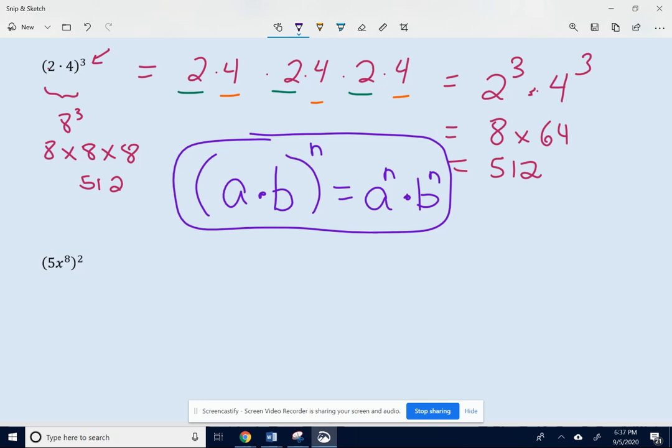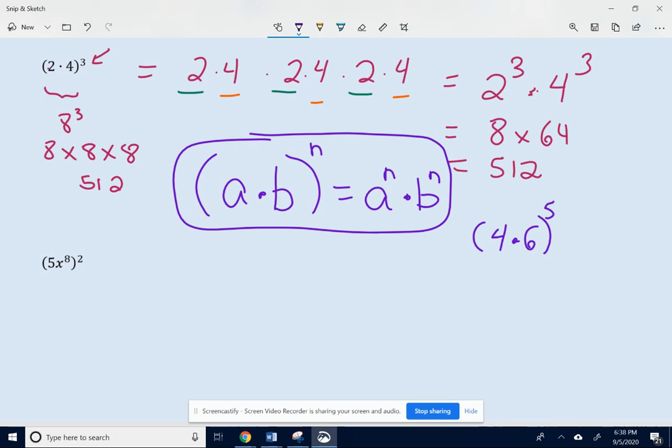So let's just do one more easy one, and then we'll do an Algebra 1 type problem there at the bottom of the screen. So what if I gave you 4 times 6 to the 5th power? If I wanted to, I'm not going to have you find the answer. I don't care what the answer is.